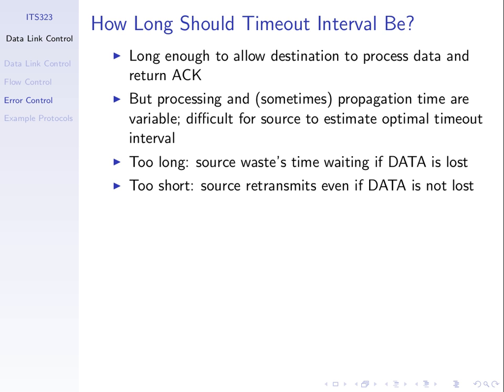So it should be greater than the time it takes for the receiver to respond. If it's too long, waste time waiting. If it's too short, we retransmit when we don't need to. So that's about what's a good timeout interval.